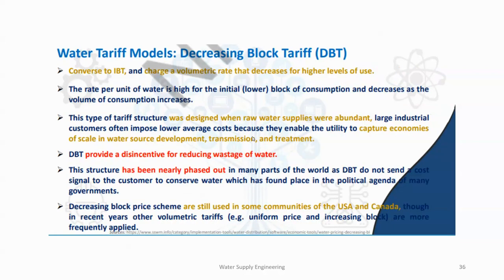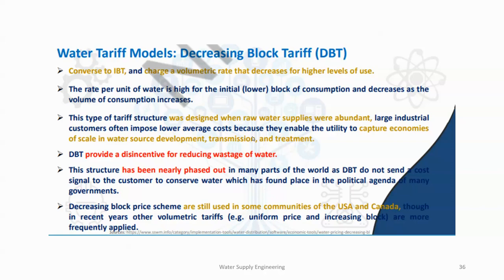So the next one is decreasing block tariff or DBT. It is just the opposite of increasing block tariff. That is, as the level of consumption increases, the volumetric rate decreases.